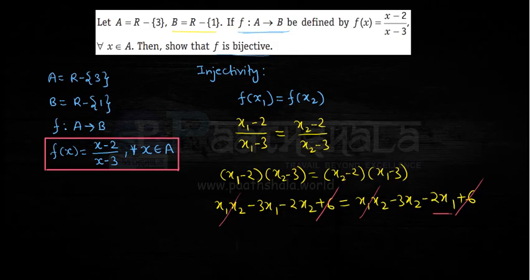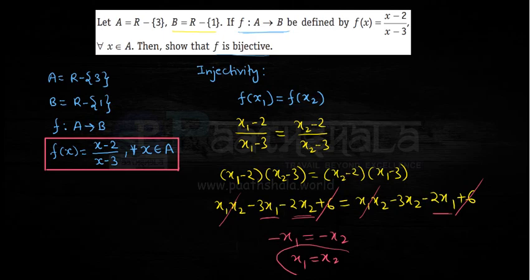This minus 3x1 and plus 2x1 become minus x1. And if we take this minus 2x2 to the right side, then we have minus 3x2 plus 2x2, which will become minus x2. Let's multiply both sides by the minus sign. So we will get x1 equals x2.